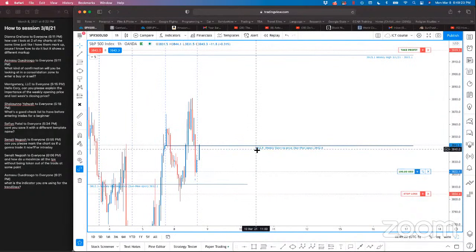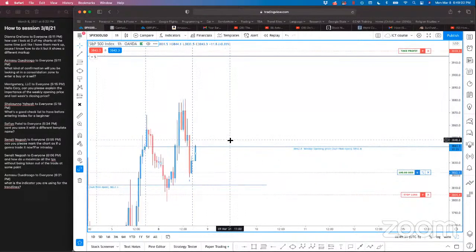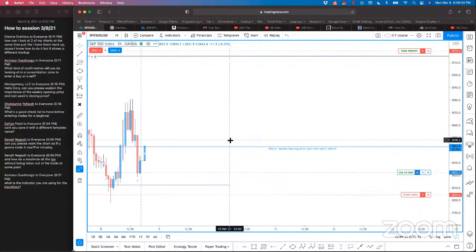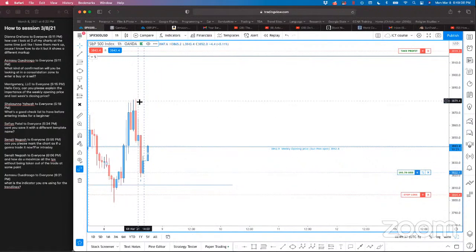The price opened up at 3842.8, right? It traded down below that as soon as it opened up, so we just need to see this week, right? This is this week so far. This is Sunday into Monday right here, right?